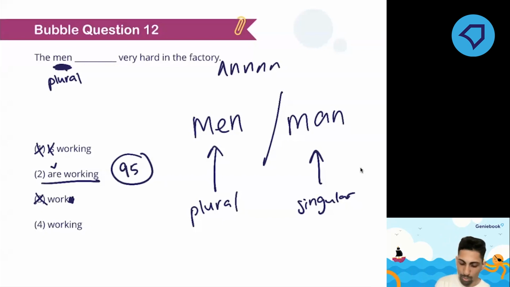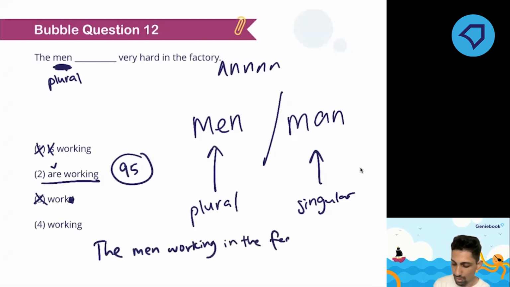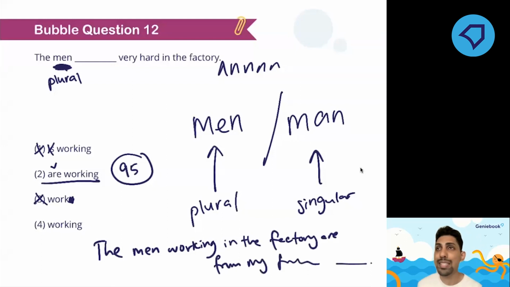Then you can shorten it to: the men working in the factory are from my company. That is another way you can use the word working even without a verb before that.